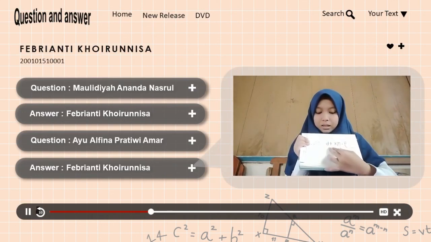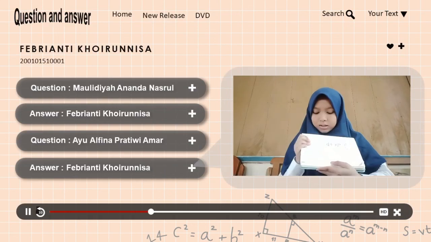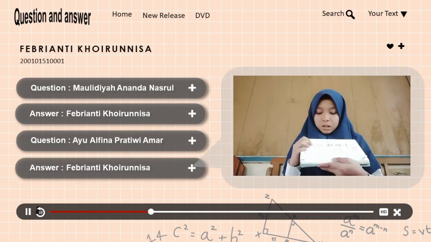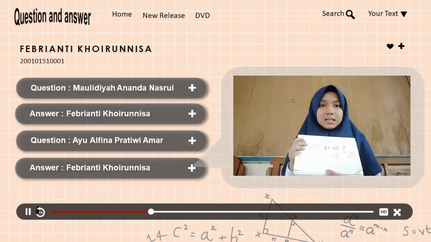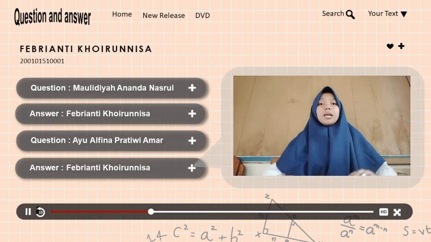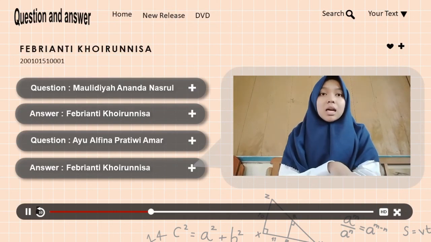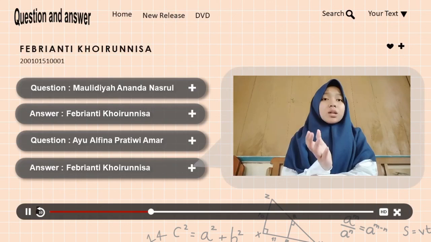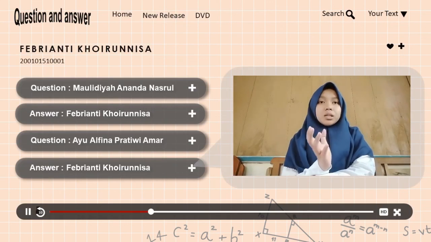And b is the y-intercept, where the line we are graphing crosses the y-axis. Okay, thank you very much, and I hope my answer can help with your question.